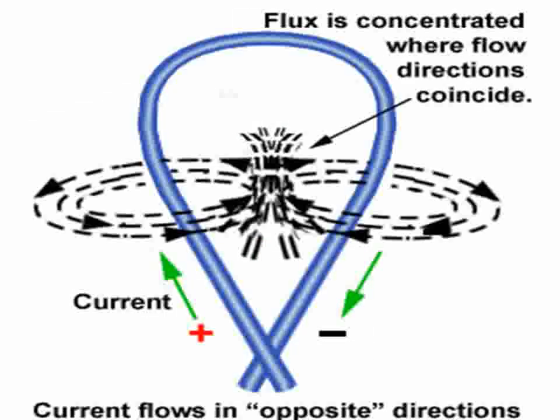Flux is concentrated where flow directions coincide. We are observing here a current carrying conductor and another current carrying conductor shape that are joined together. We can say the wire is in the form of a loop.